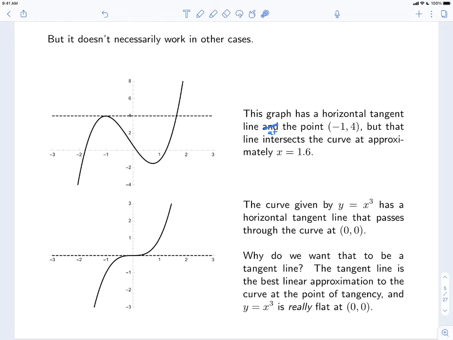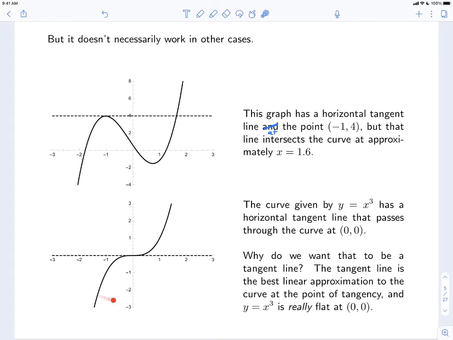This line is what we would call a tangent line, and it almost satisfies our definition, but not quite, because it does pass through the curve. Of course, it passes through the curve far away, and so we don't want to let that bother us, but we just need to find another definition where we can have it touching at one point and passing through at another.